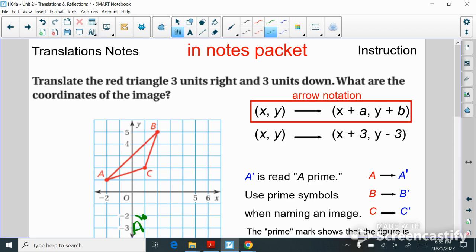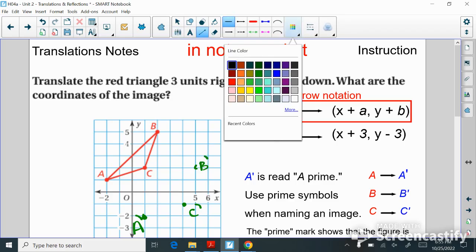The green image is actually going to be called the image, and the red image will be referred to as the pre-image. And again, we'll do the same thing, translate 3 units to the right and 3 units down for C and B. So that's C prime, and we have B prime.